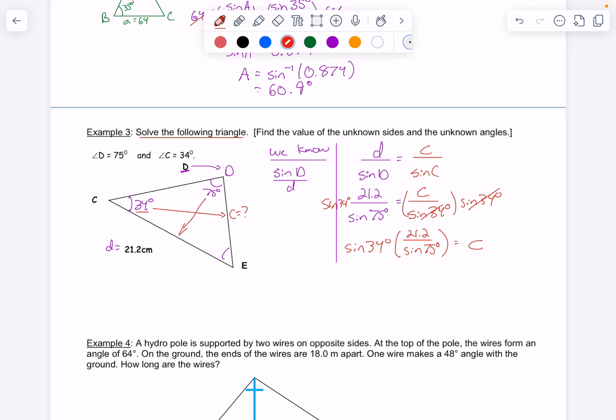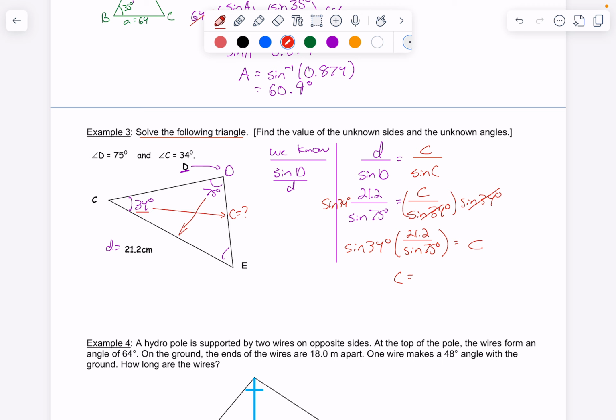So again, it's just a calculator problem now. So you're taking 21.2, dividing that by sine 75, and then multiplying that by sine 34. So if you did that in your calculator, and you should try to do that in your calculator, okay?